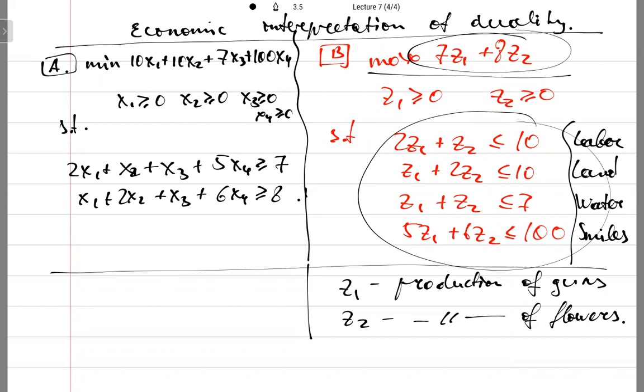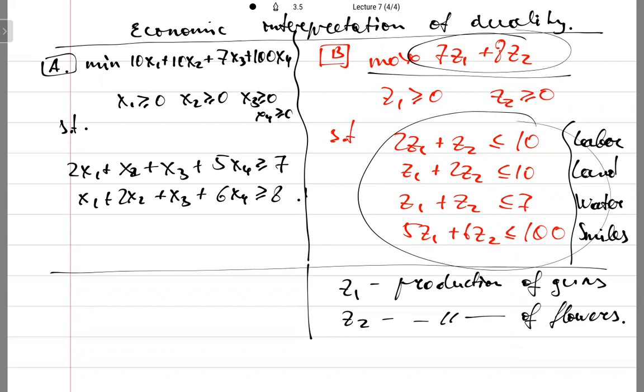Every day he can use 10 square meters of land. Every day he can use 7 liters of water. And every day he can use 100 smiles. Okay? So the interpretation of problem B is clear.